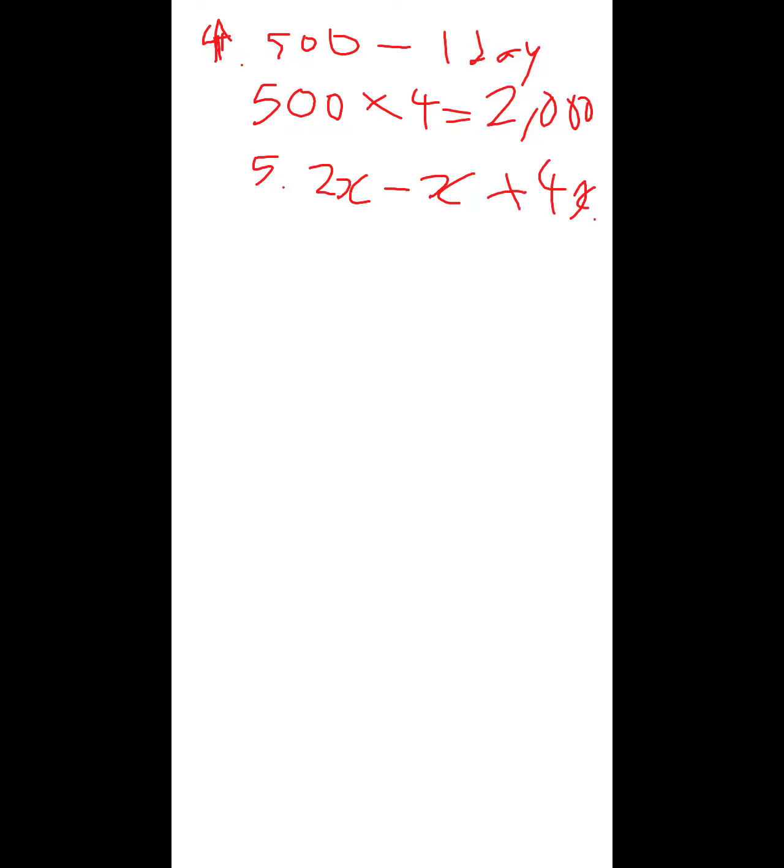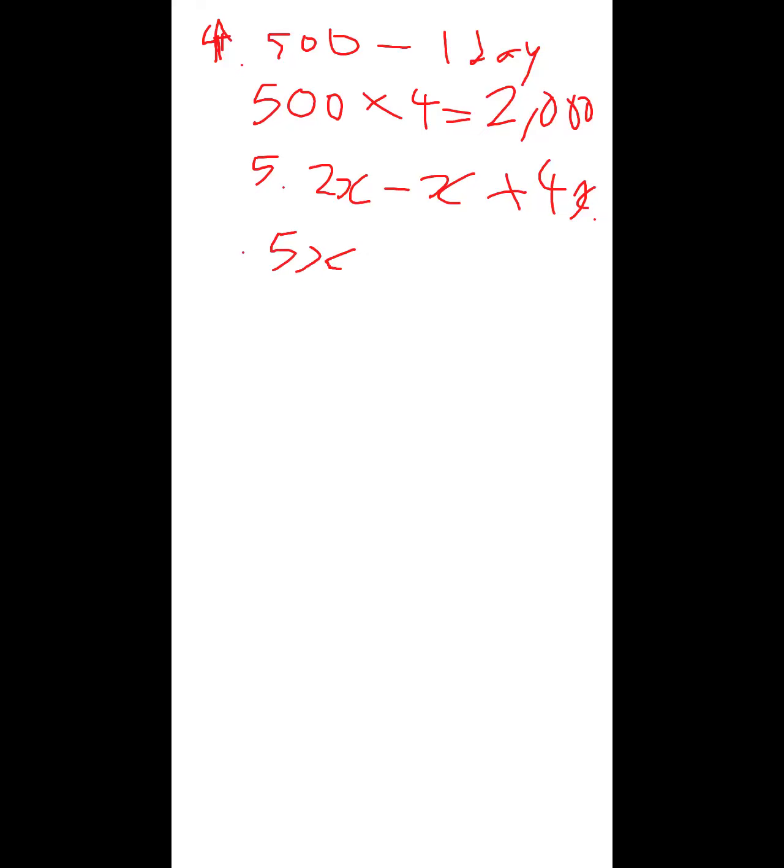Then I done 2x minus 1x plus 4x. Then I did 2 take away 1, which gives me 1x, and then I added 1x plus 4x, which gave me 5x. Excellent.